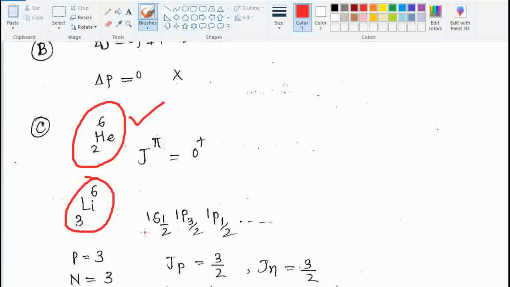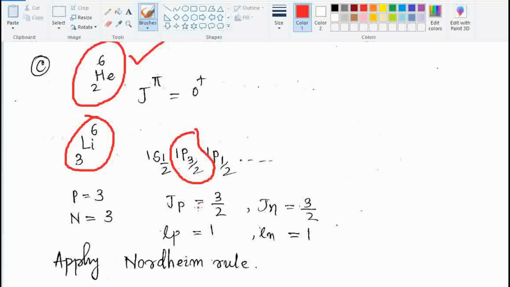So now try to fill in the shell model. If you fill these nucleons in the shell, then both proton and neutron will fill in the same state, that is 1p3/2. For 1p3/2, the Jp value, that means the spin of a proton in that state, equals 3/2, and the neutron is also that same value. The orbital angular momentum value is the same for proton and for neutron.